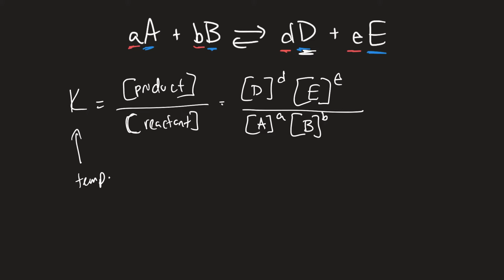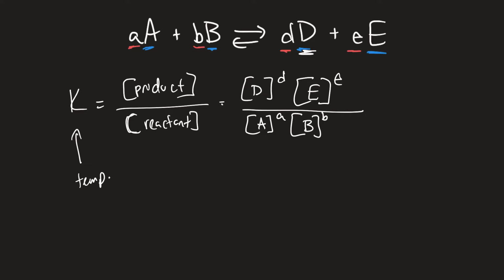And when it comes to what you place in here as products and reactants, the only things that can undergo equilibrium matter, and there are types of substances that we tend to omit from equilibrium expressions or equilibrium equations. Sorry, tongue-tied there.